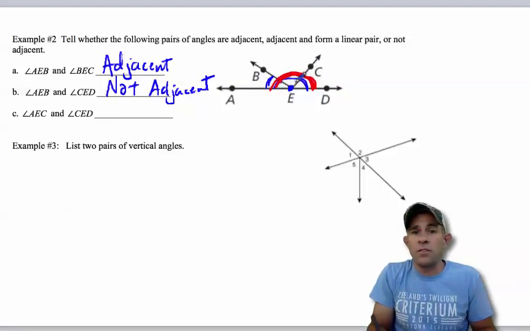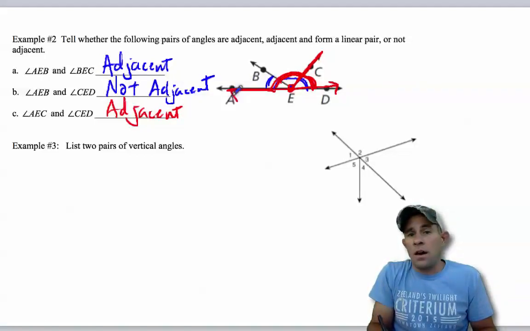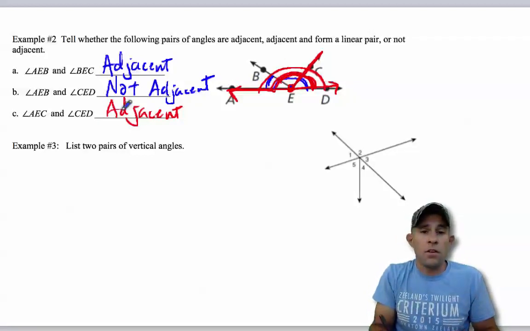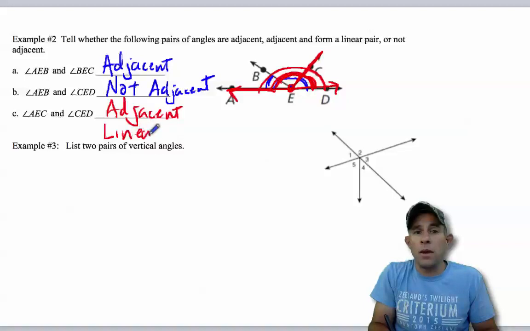So we see that these guys do share ray EC, so they are adjacent. However, we know that their non-adjacent side here, EA and ED, form opposite rays, and therefore they form a straight angle of 180 degrees, and therefore they are also a linear pair.